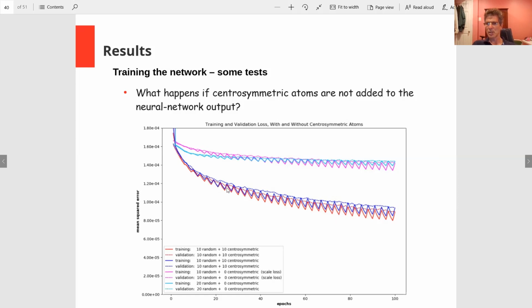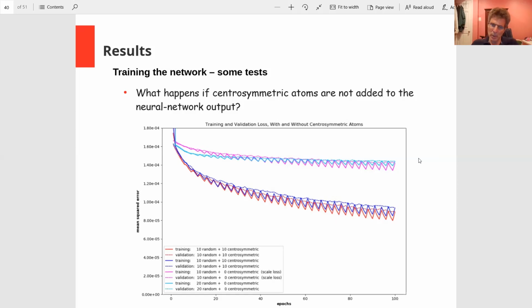as the network learns. And so here in the light blue and the light purple colors, what I did is I removed the requirement that the density from the centrosymmetric atoms be used simultaneously in the output density map.